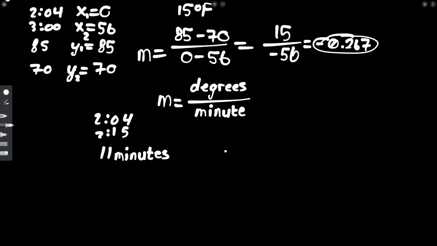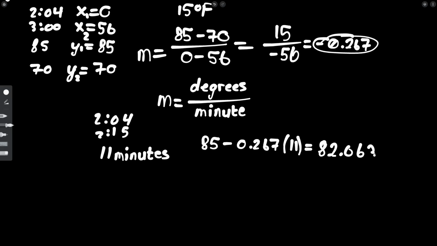And since we know that the change in temperature is negative 0.267 degrees per minute, we can say 85 minus 0.267 times 11 minutes. Plugging that into our calculator gives us 82.063.